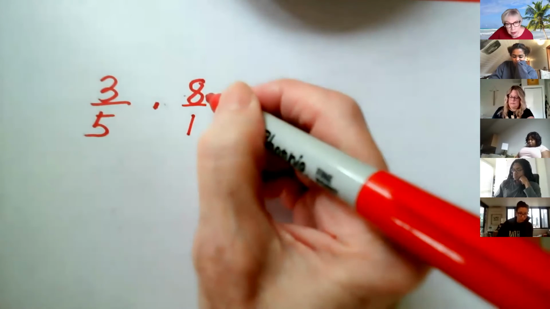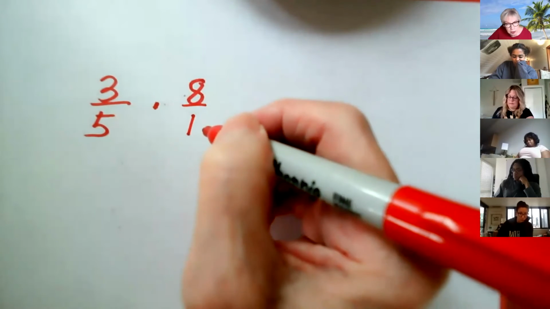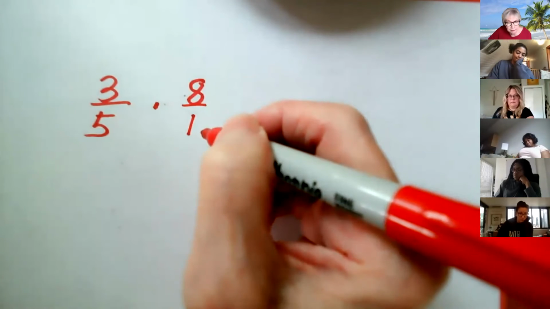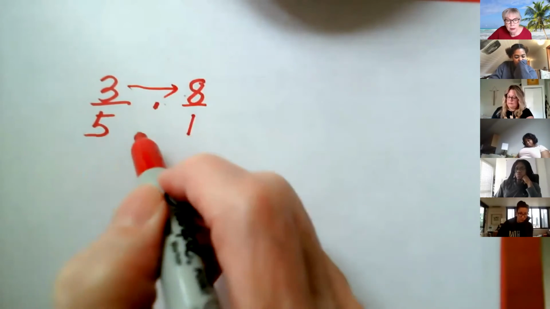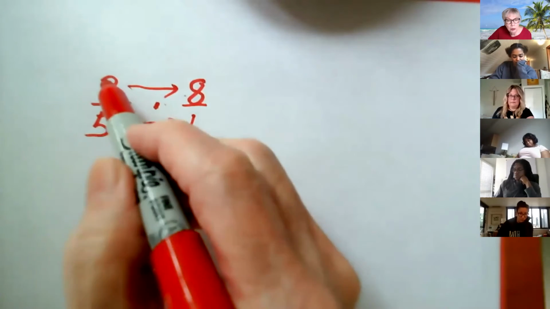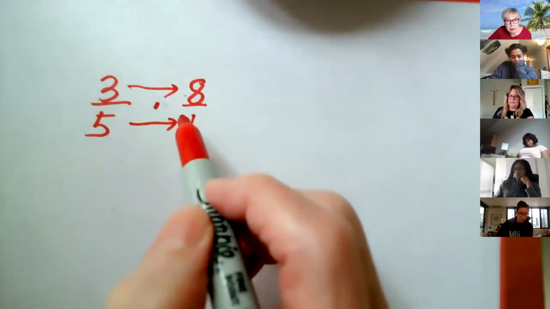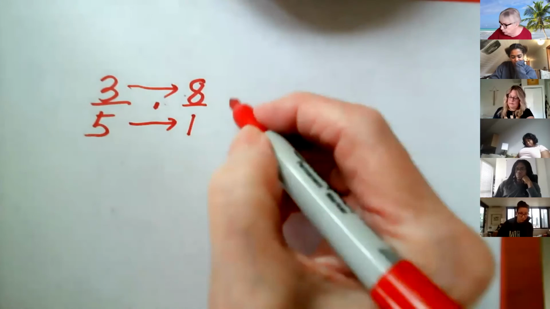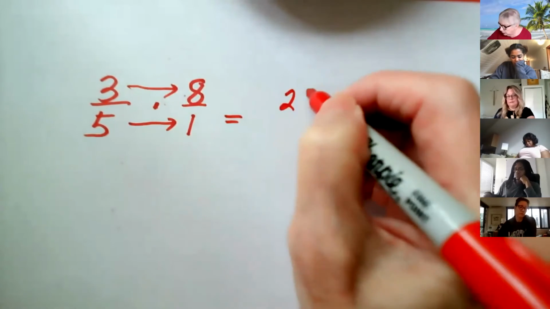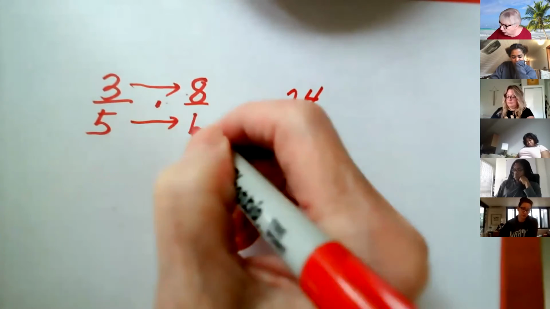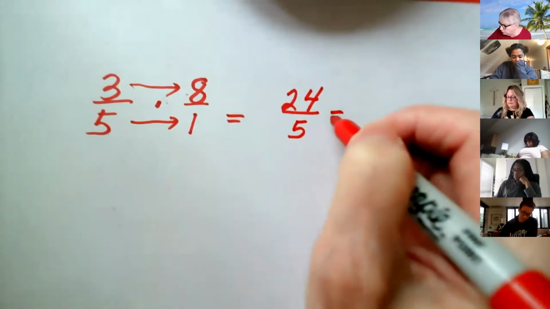Then you can clearly see what is the numerator, what is the denominator. And so this particular problem, I don't see anything numerator, top and bottom that cancel. So again, I'm into this. 3 times 8 is 24. 5 times 1 is 5.